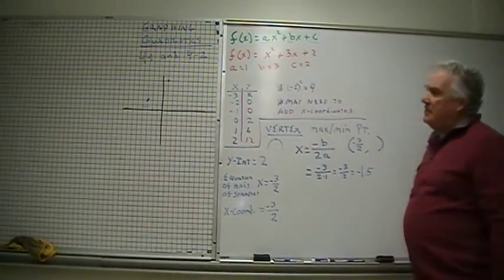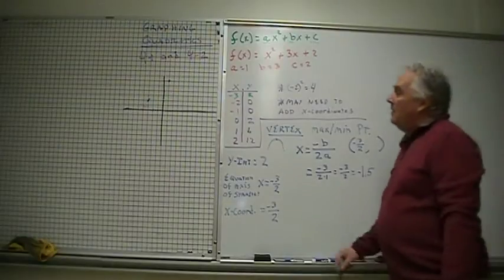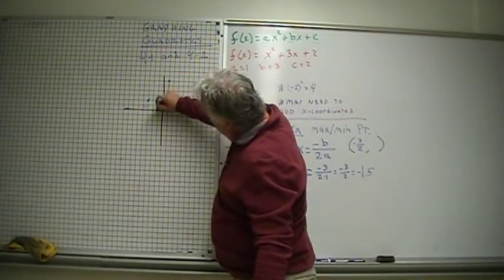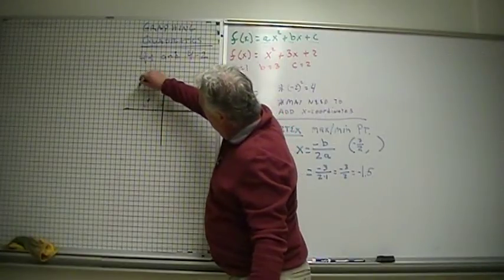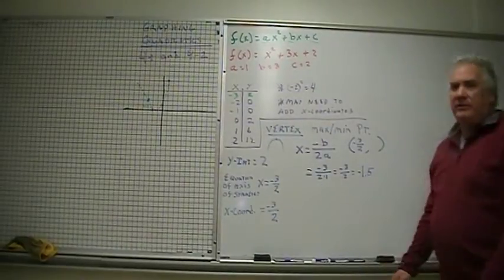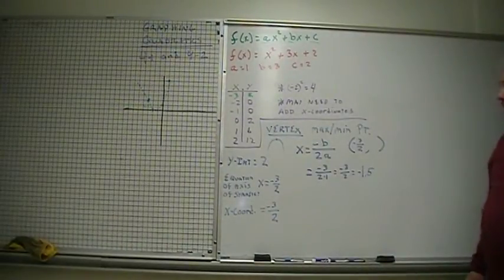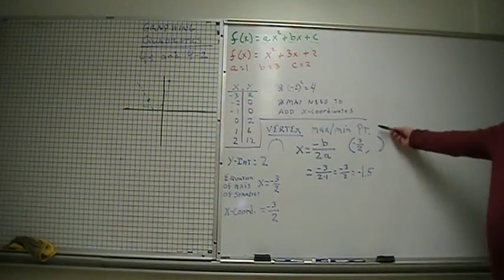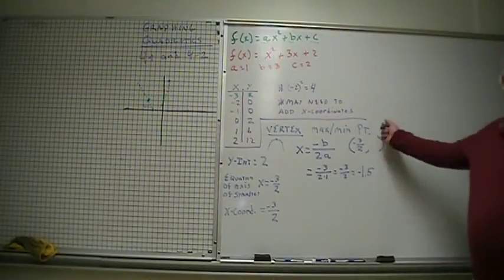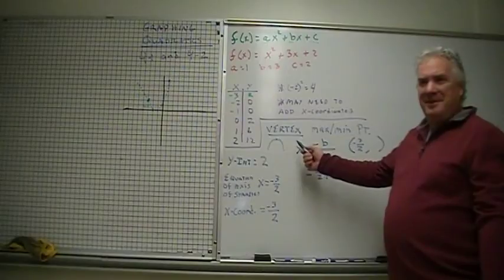And now you can start to see the parabola will go kind of down here. Question is, where's the vertex? And the vertex is your maximum or minimum point. Did I say that right?